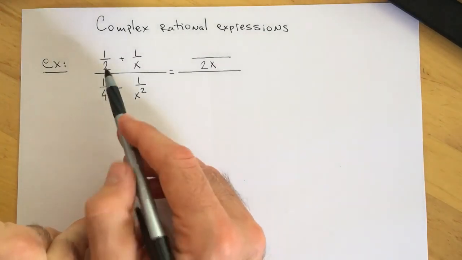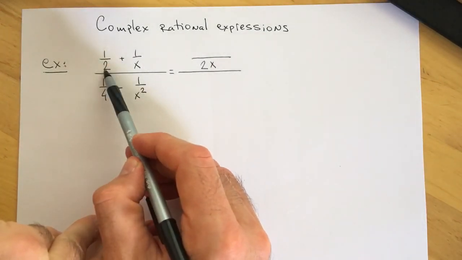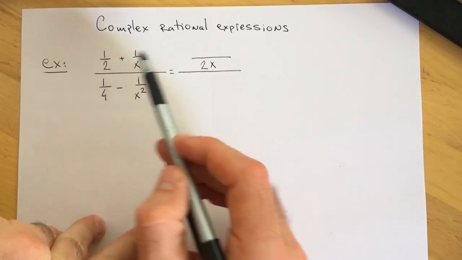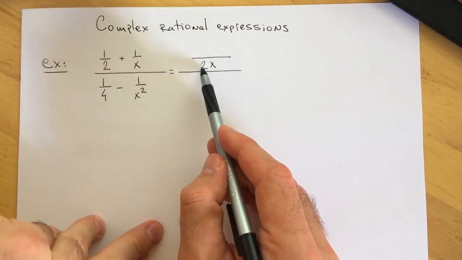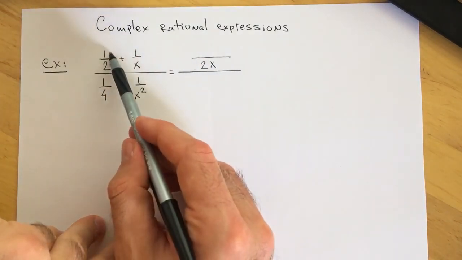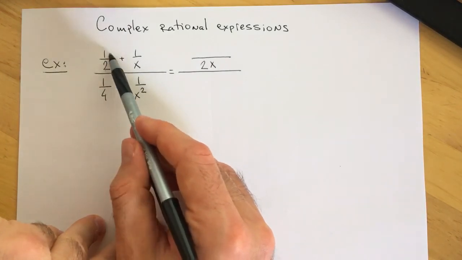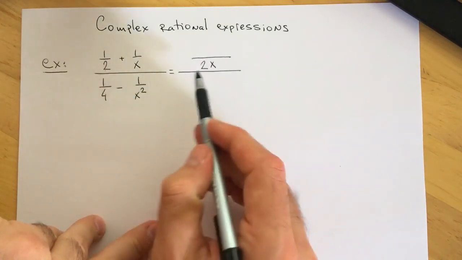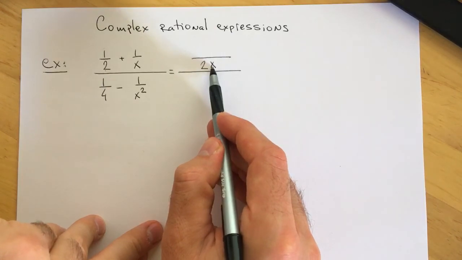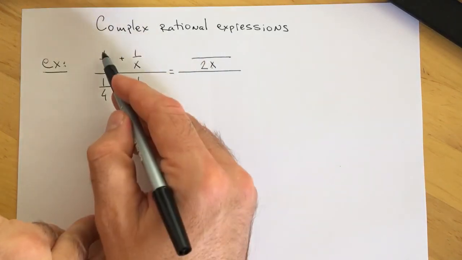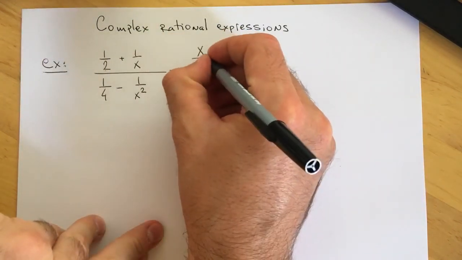If the fraction with denominator 2 is expressed with denominator 2x, both numerator and denominator have to be multiplied by x. The denominator is already multiplied by x, so I multiply 1 times x, which gives me x.